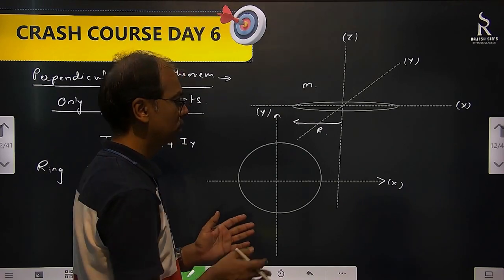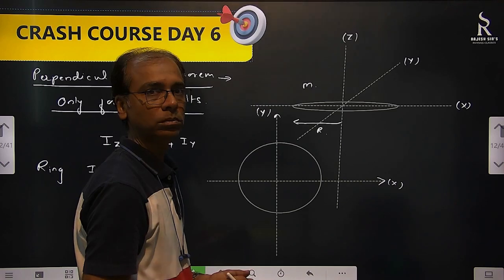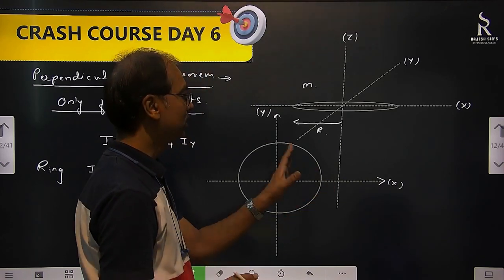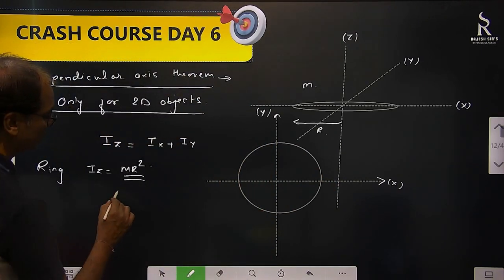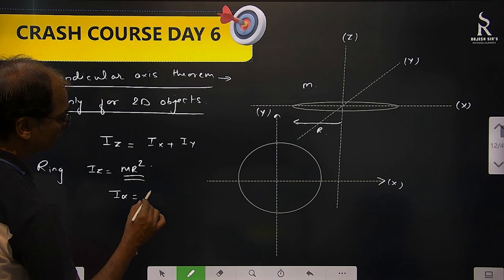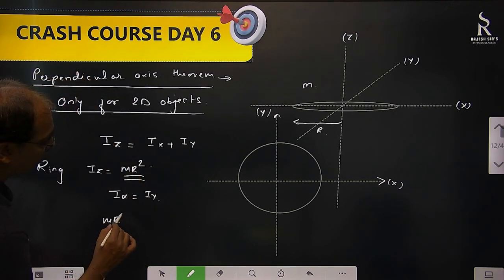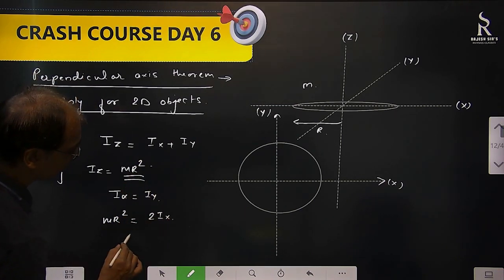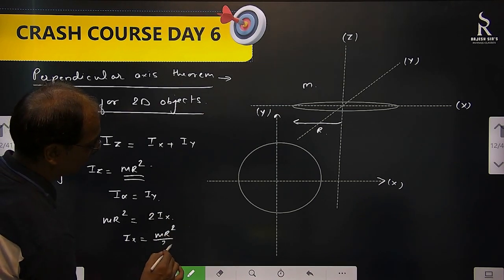Exactly similar, because if you rotate x-axis by 90 degrees, you get y-axis. Correct or not? So distribution about x-axis is exactly same as y-axis. That means we can say Ix equal to Iy. Yes, absolutely we can say. If that's so, then we'll put here Iz is mr square and here I can write 2Ix. So Ix value comes out to be mr square by 2. That means y also.